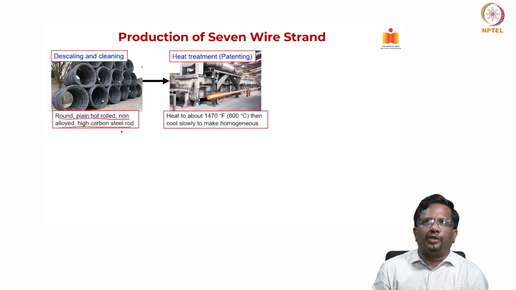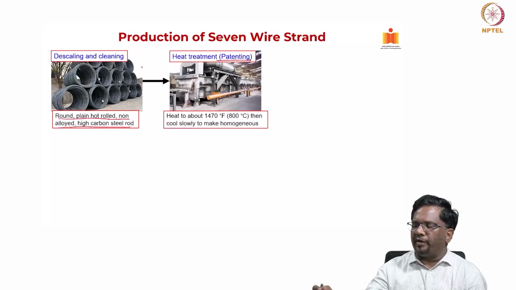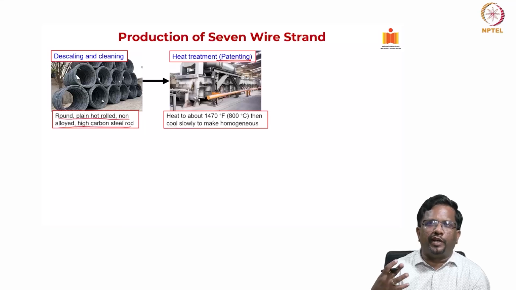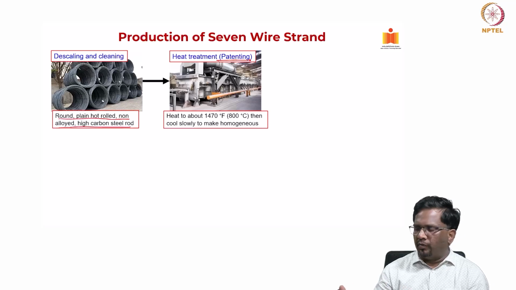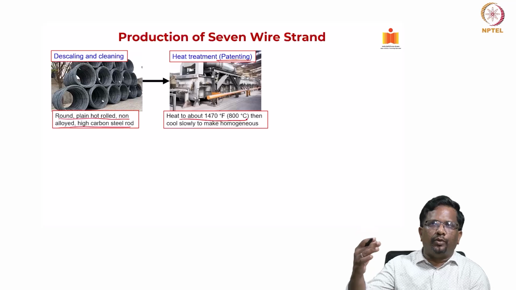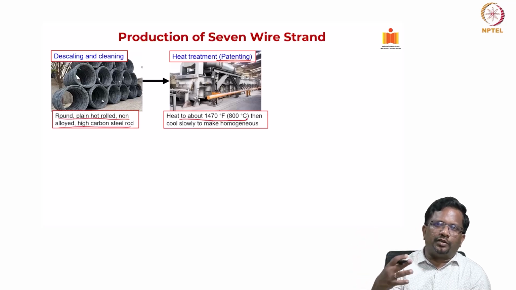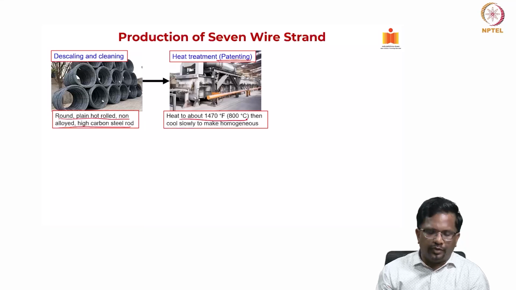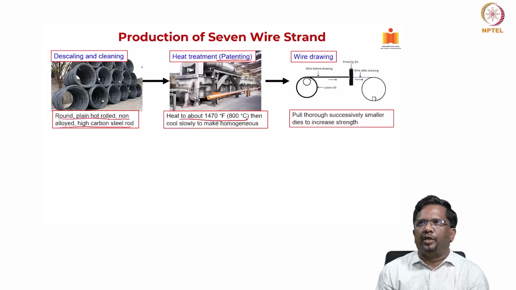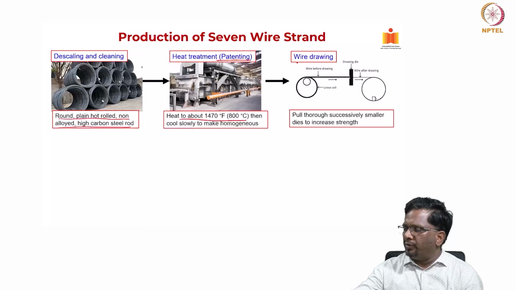Then we do a very important process called patenting. Patenting is nothing but giving a heat treatment to this plain hot rolled round steel bar. We heat it to about 800 degrees centigrade, then we cool it down slowly to make the metallurgical structure very homogeneous. That is the patenting process. Then we take that of a particular diameter, and we do the wire drawing.